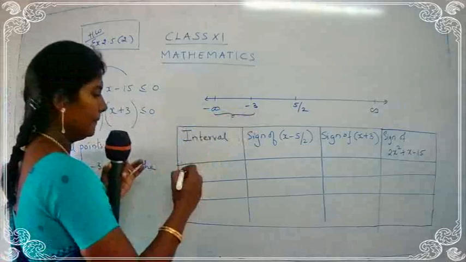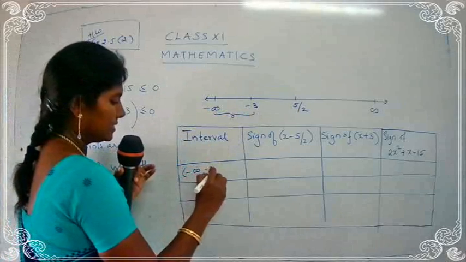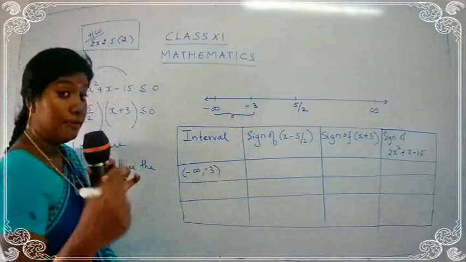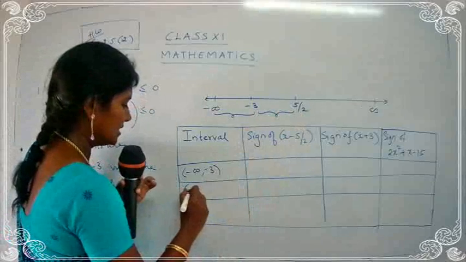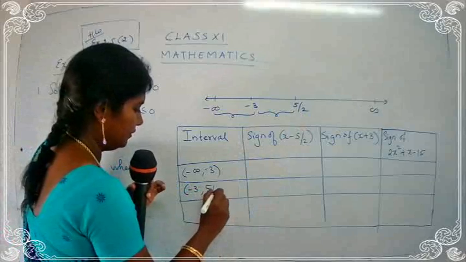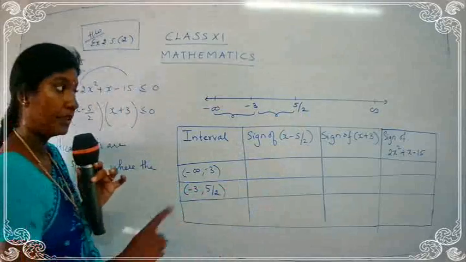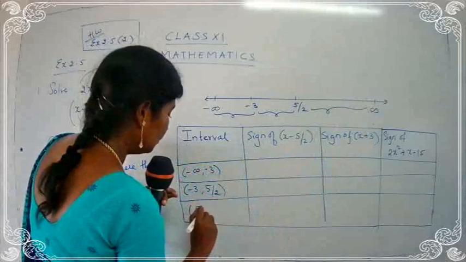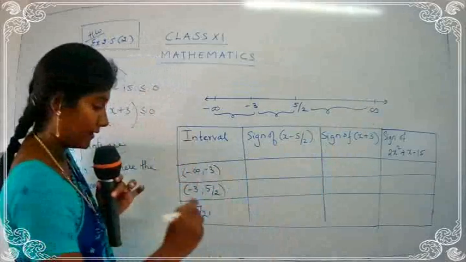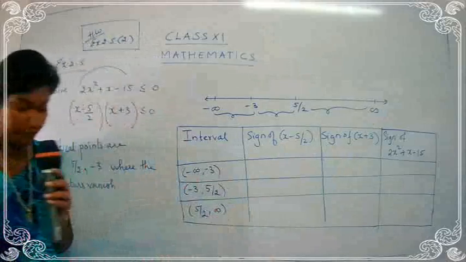The first interval will be minus infinity to minus 3. Clear? What will be the second interval? Yes, good. Minus 3 to 5 by 2. Third one, 5 by 2 to infinity. Do not use a closed bracket, you have to use an open bracket.